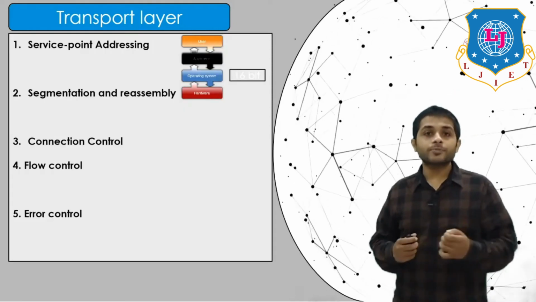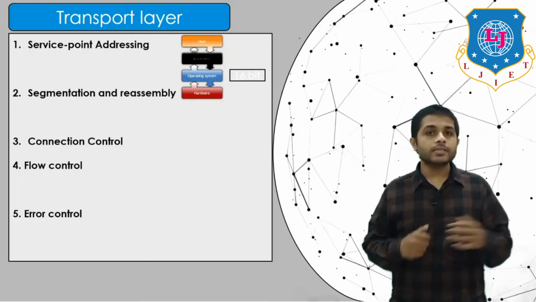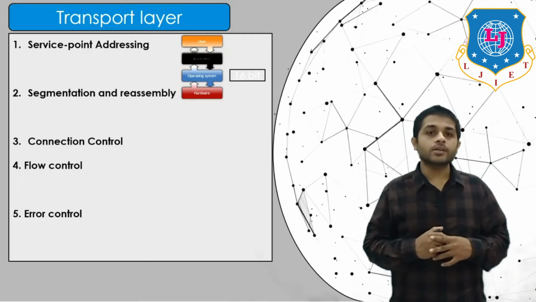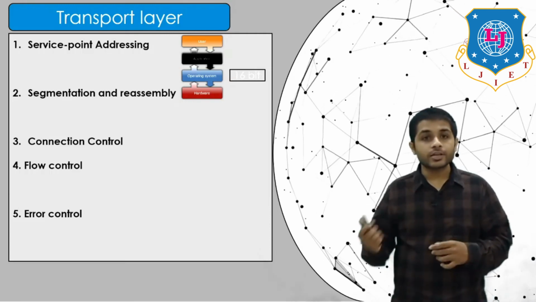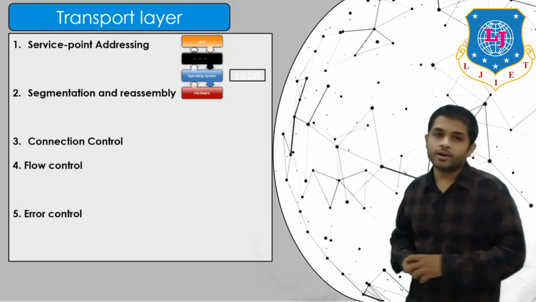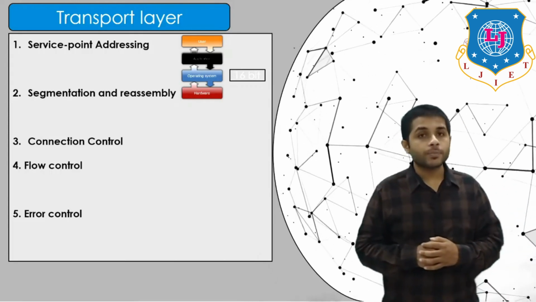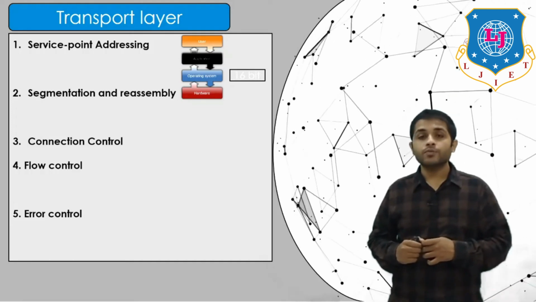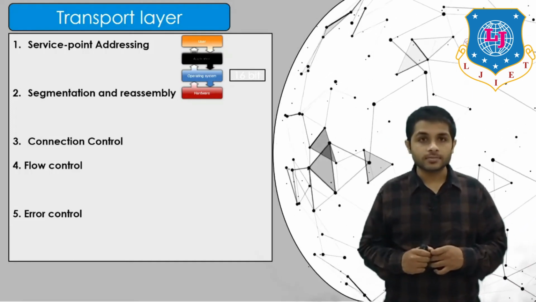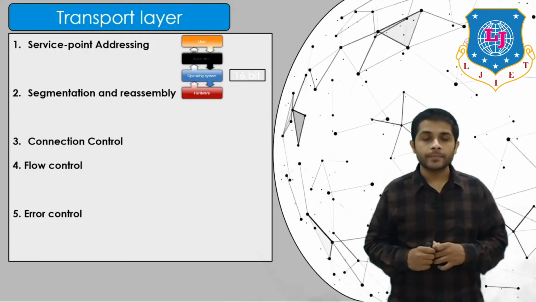Let's discuss the responsibility of the transport layer. The transport layer has different responsibilities such as service point addressing, segmentation and reassembly, connection control, flow control and error control. Service point addressing is also known as port address. A port address is a unique 16-bit address which is assigned by your operating system, and there are a total of 2 raised to 16 port addresses available.